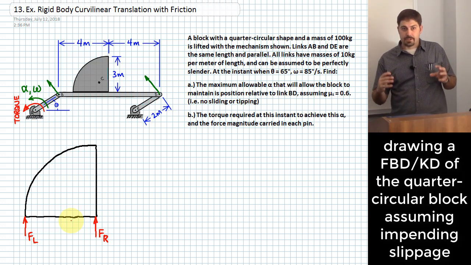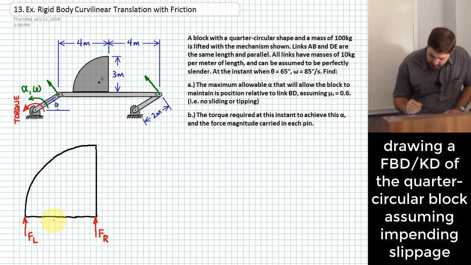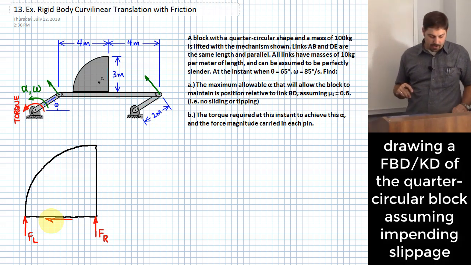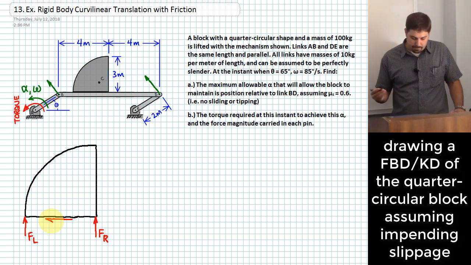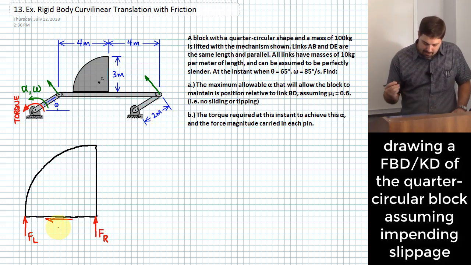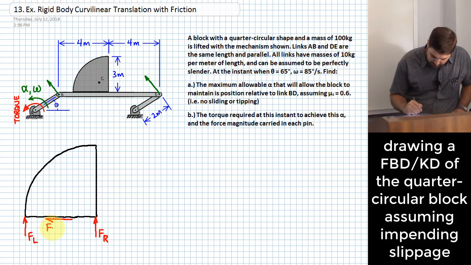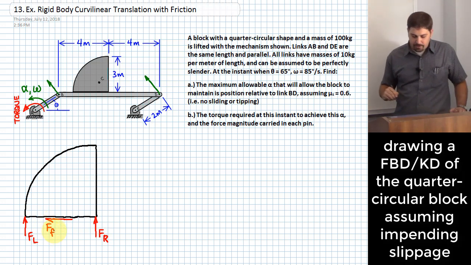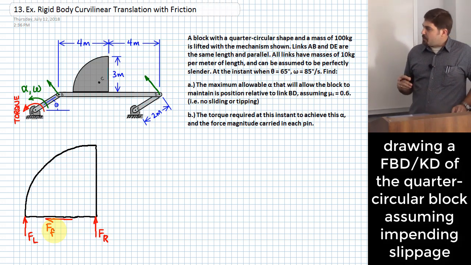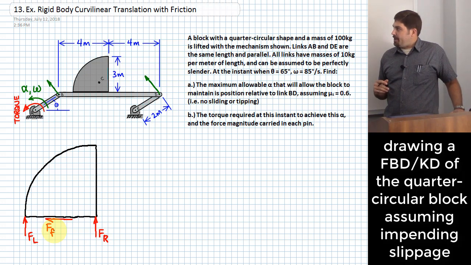Because the block has to be accelerated leftward, that probably means I need a leftward-pointing force due to friction right here on the bottom of this body. So for now let me just call it F sub lowercase f, like this, for a frictional force. All right, so those are a few of the forces that act on that block.